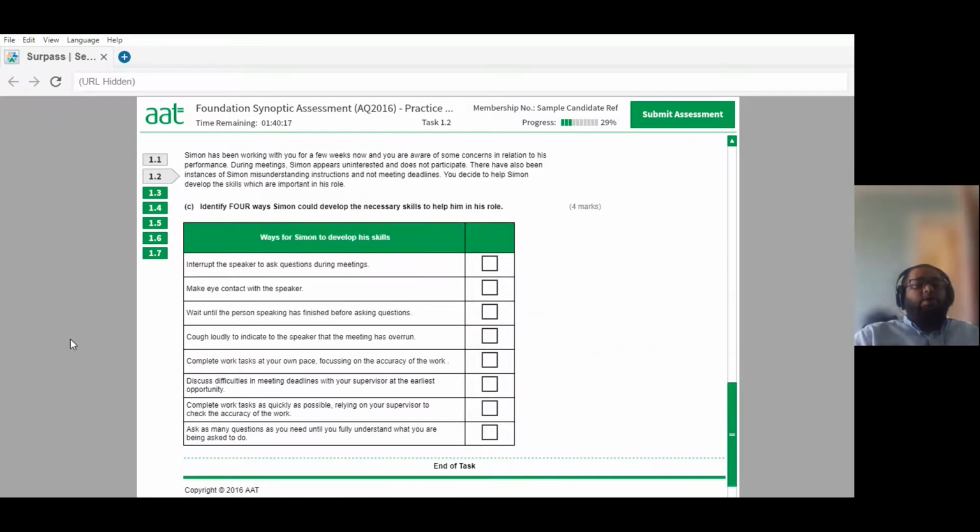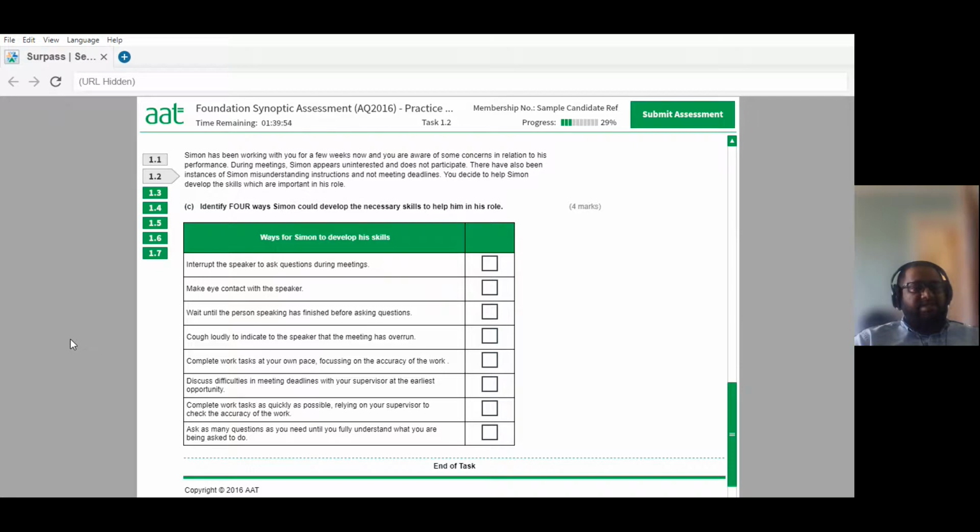So now here, you worked with Simon for a while. Simon has been working with you for a few weeks now, and you're aware of some concerns in relation to his performance. Of course, you understand it's a new employee, and that comes with its own pitfalls and pleasures. But whichever it is, now you have found some concerns.